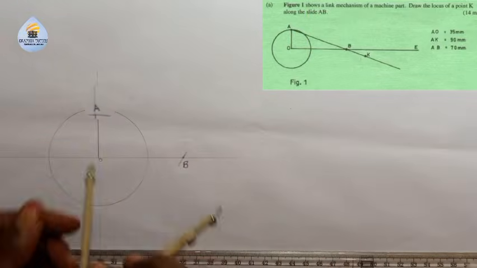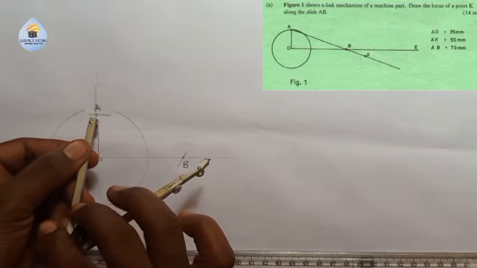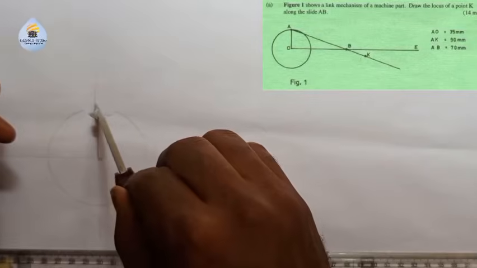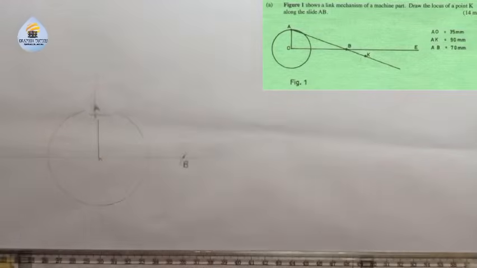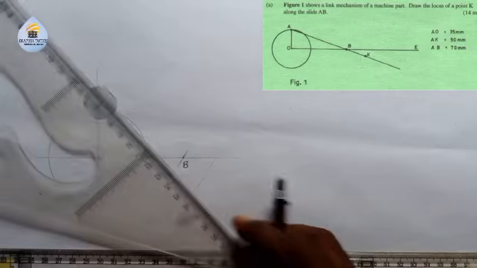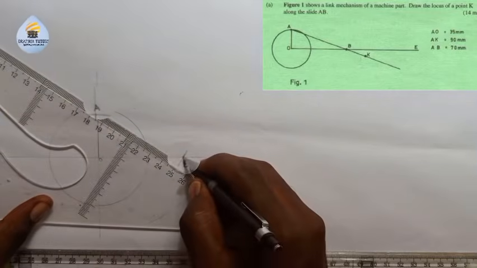And I'll place it at A, and I'm going to slash anywhere around here to get my K. So one thing you need to know is that for me to get to K, A must pass through B. That is one point you need to know.